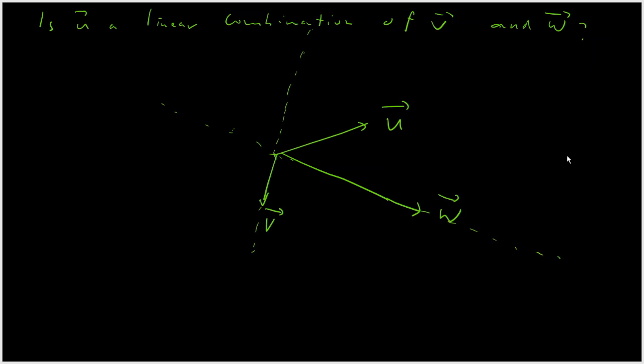And then, listen carefully, passing through the terminal point of u, you want to make u the diagonal of some parallelogram. Passing through the terminal point of u, you draw a dotted line parallel to w, and then you draw another dotted line parallel to v. It's always the same.